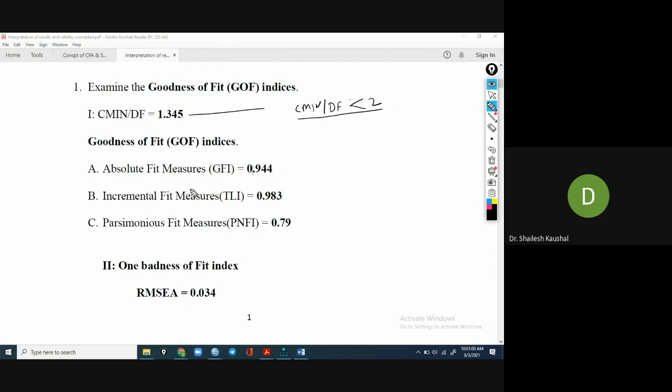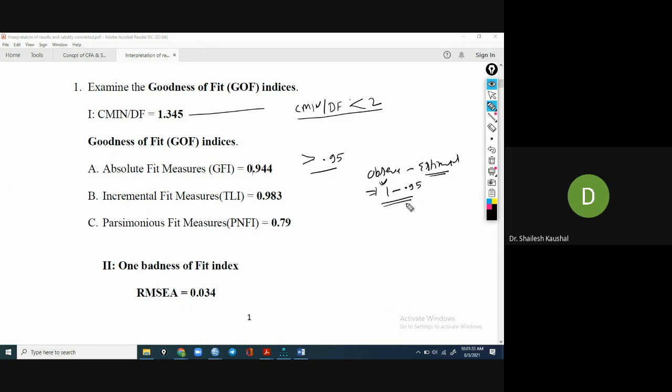Now the second is the absolute fit measure. This value should be greater than 0.95, because it is the observed value minus the estimated value. For example, the observed value is 1 and the estimated value should be near the observed value, like 0.97 or 0.95.